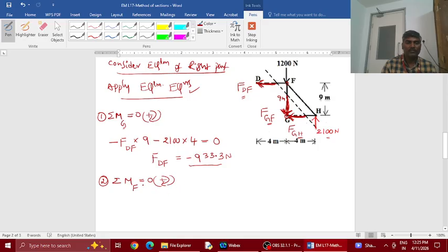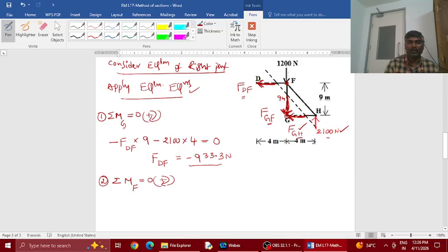Let us find moments of all the forces about F. Now you see 1200 is passing through F, F_DF is passing through F, and F_FG is also passing through this F. So these three forces cannot generate moment. The other forces which generate moment are GH and this 2100, because they have perpendicular distance from F.